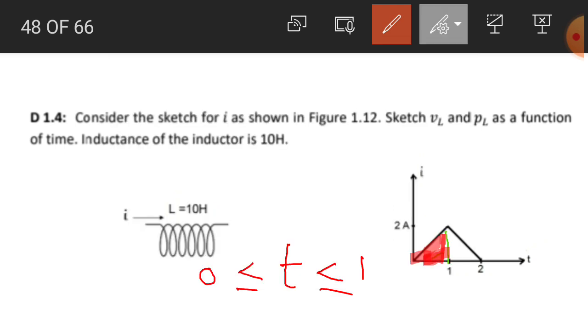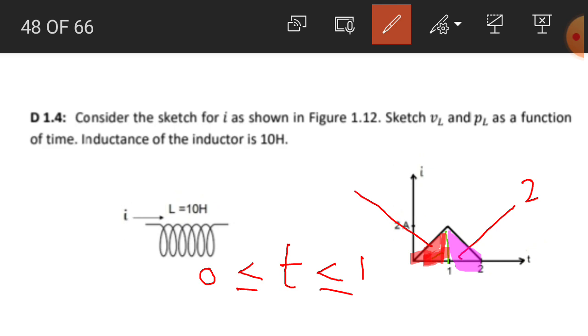Now we consider region number 2 over here. In region number 2, the current is changing from 2 to 0 ampere. So here is region number 1 and this is region number 2.